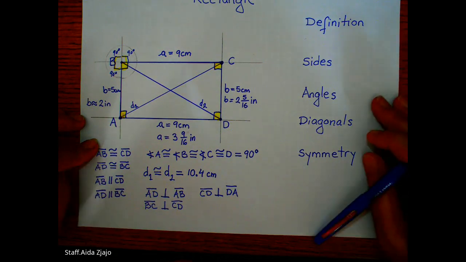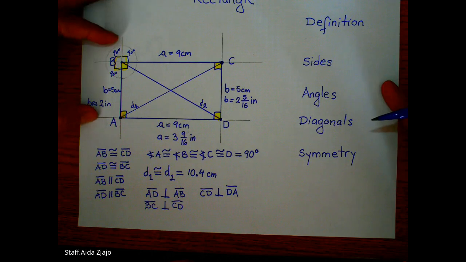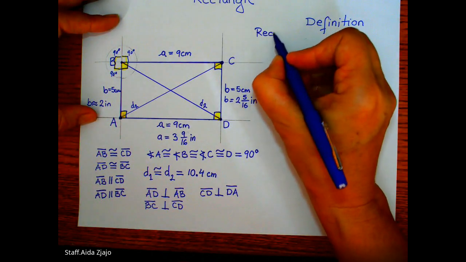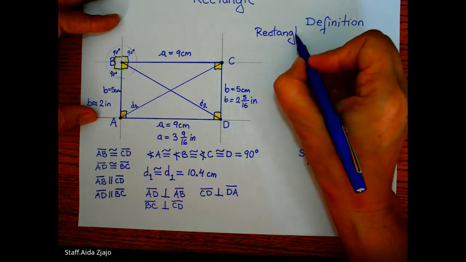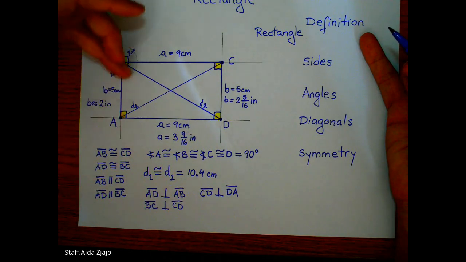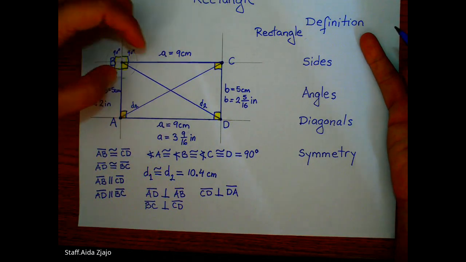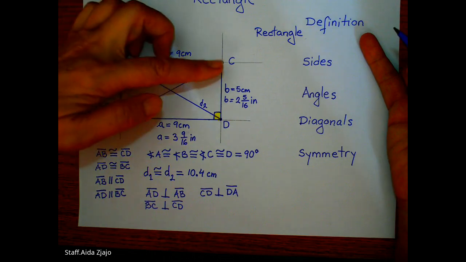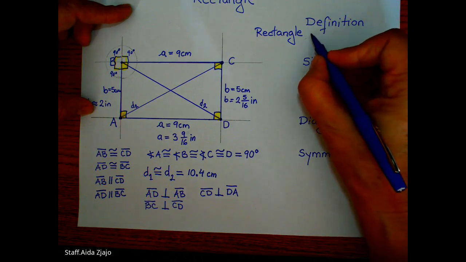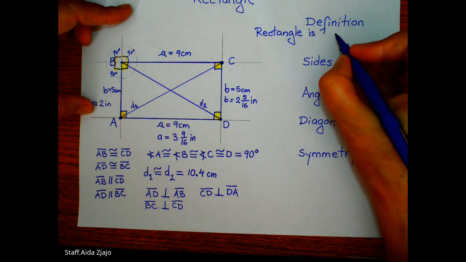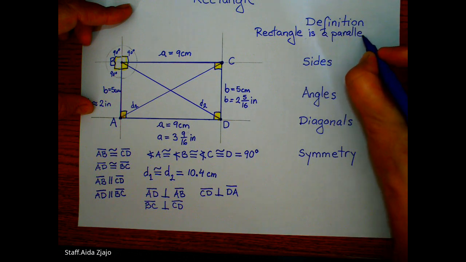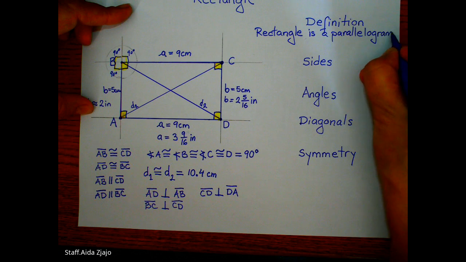We can write a definition. How we can conclude is that a rectangle is first a quadrilateral, which means it has four sides. Quattro means four, lateral means sides. Also, a rectangle is a parallelogram with four right angles.